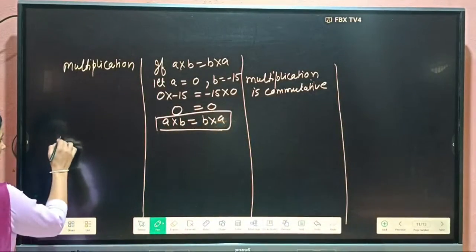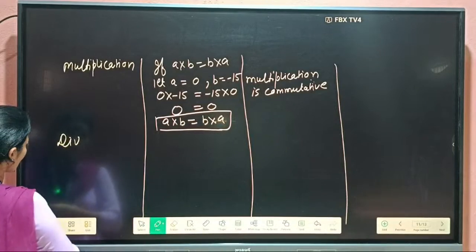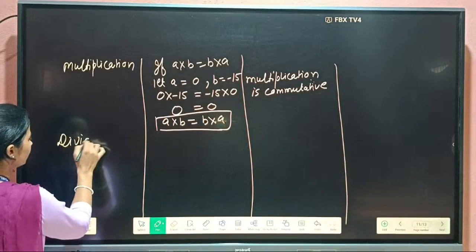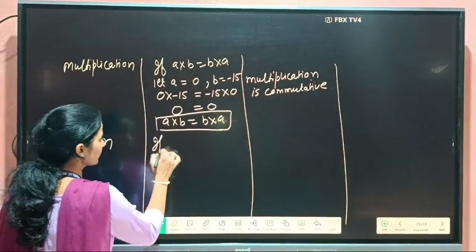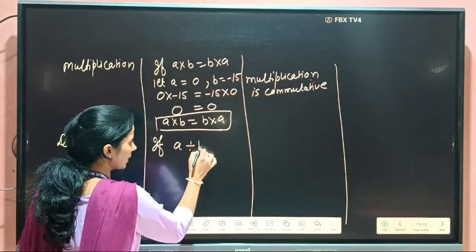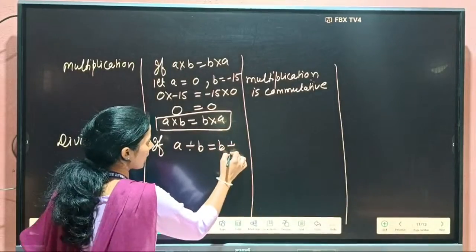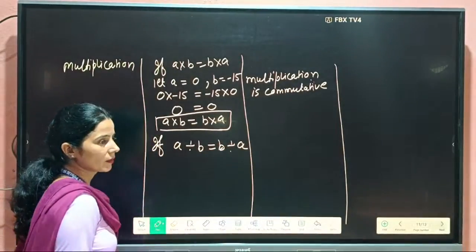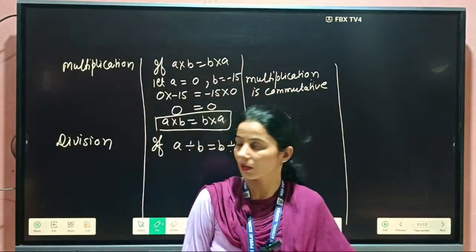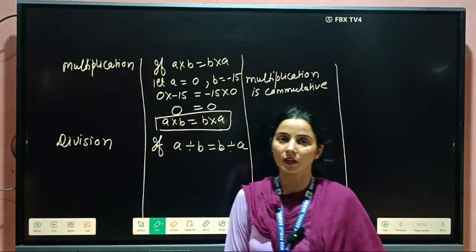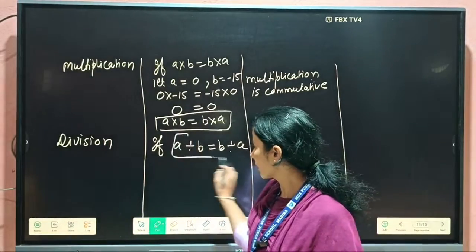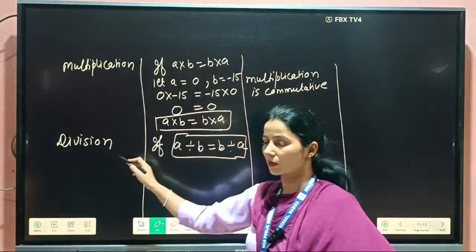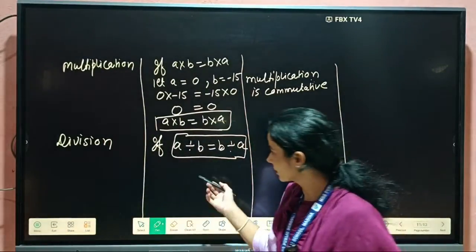Next operation is division. If A divided by B is equal to B divided by A under the operation division, then we can say division is commutative, otherwise no. Let us see.